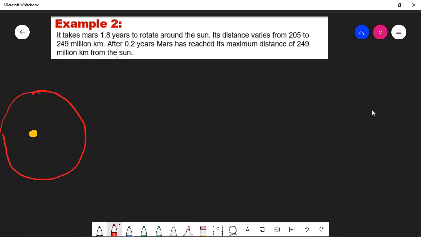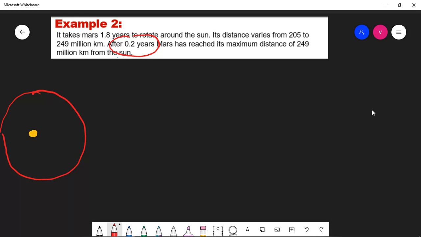All right, so it says after 0.2 years, it reached its maximum. The way you determine this is, you can draw a sine wave, a cosine wave, a negative sine wave, or a negative cosine wave. Any one of those four.